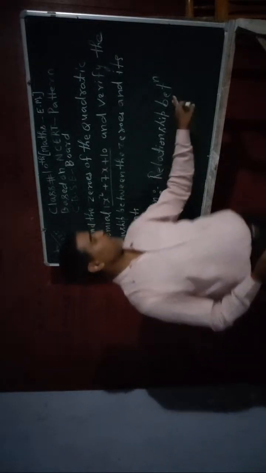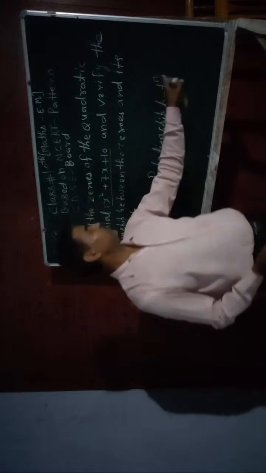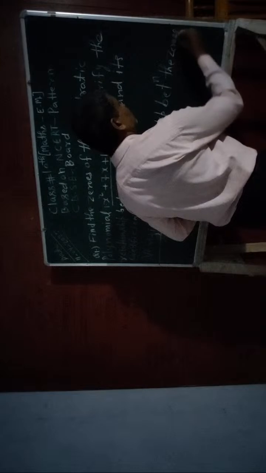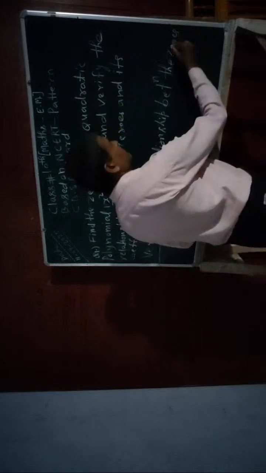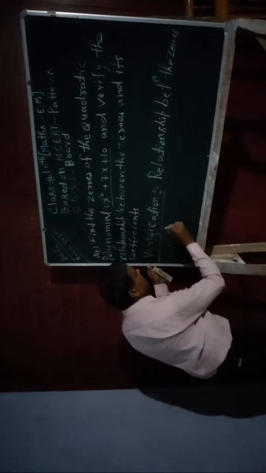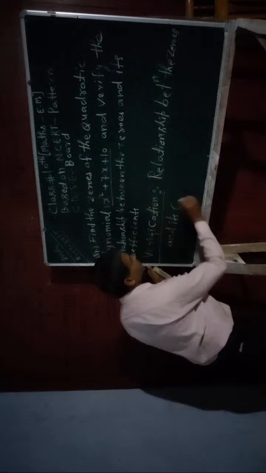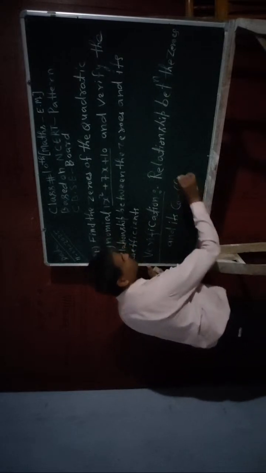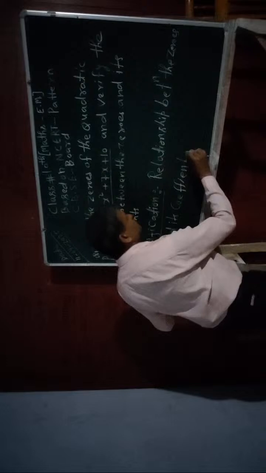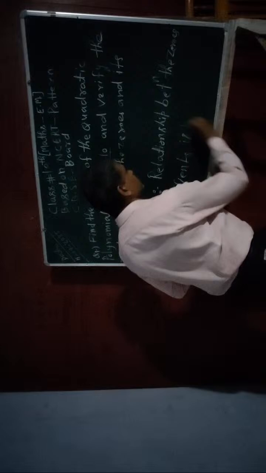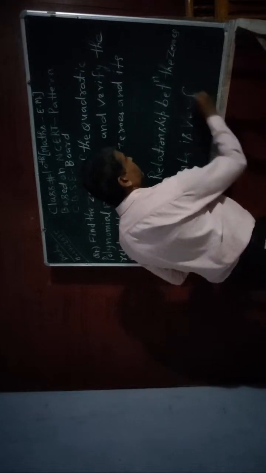In the short form I write it like this, BET and T to the power n, that is the short form of between.